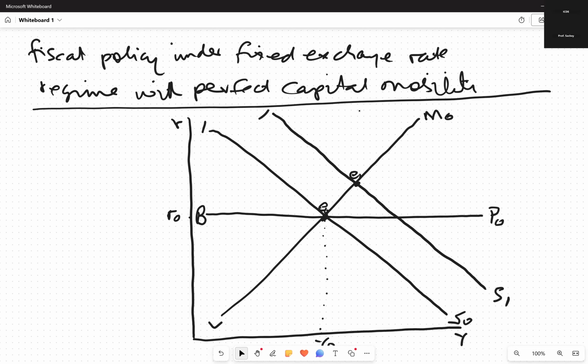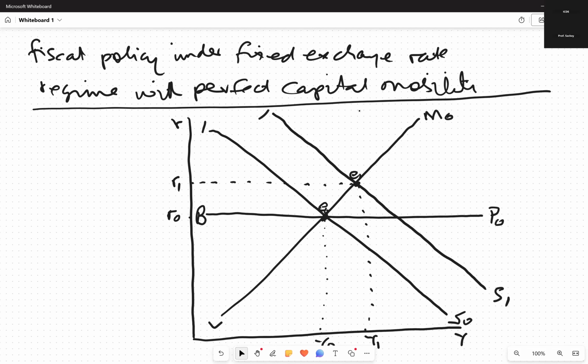At E1, that rigorous fiscal policy will increase Y from Y0 to Y1, and also increase the interest rate from R0 to R1.